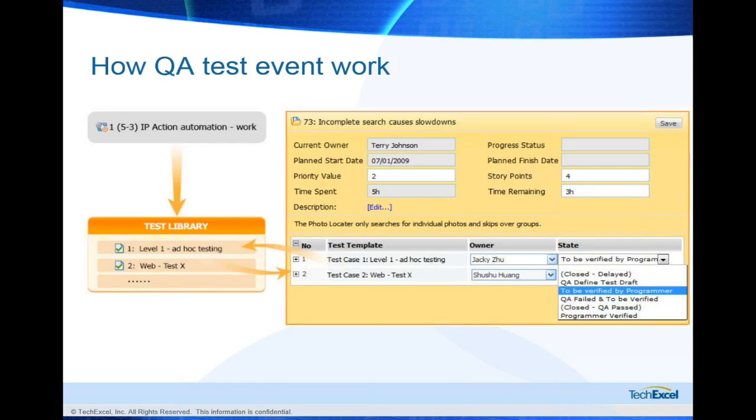So how does a QA test event work? This one shows you a development task 73, and you have spent 5 hours, you have 3 hours remaining to finish the development task by the programmer. However, you can use the QA testing event to link the two test cases defined, because task 73 is for implementing requirement spec number 1.